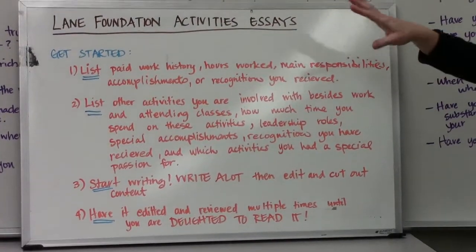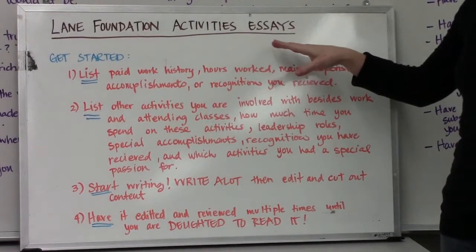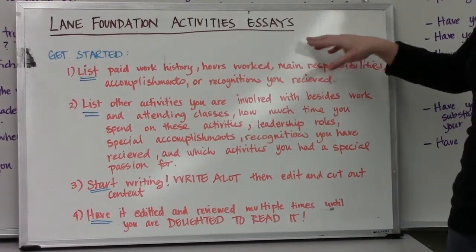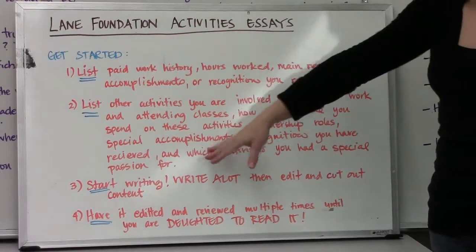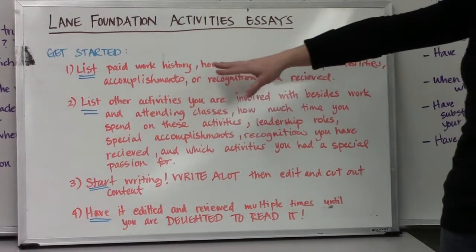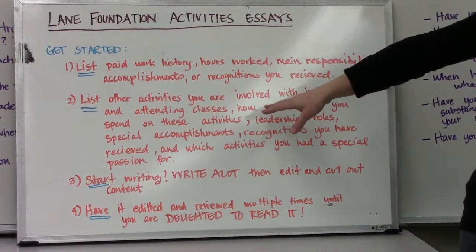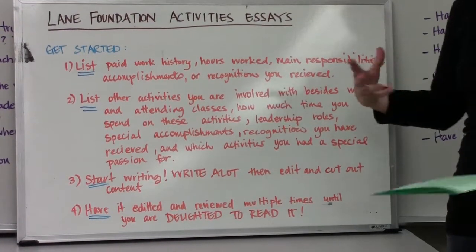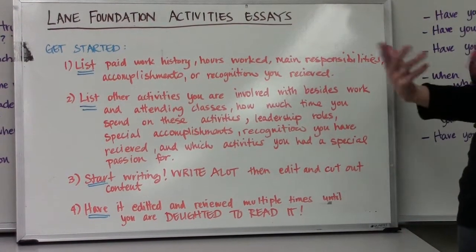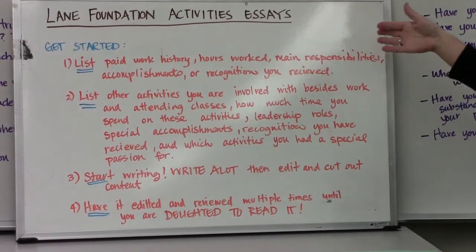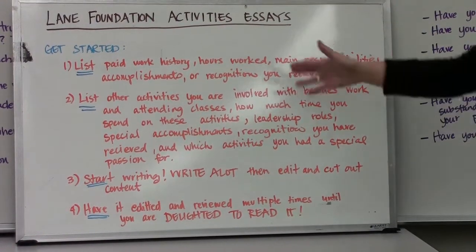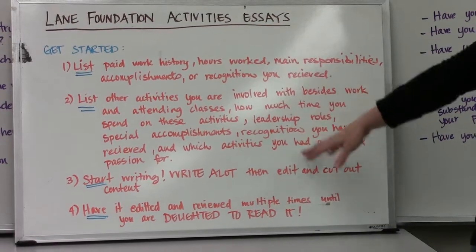If you are not applying for the OSAC scholarship, then follow the instructions here. List paid work history, hours worked, other activities, and such, so that you have the information to put into your essay. If you've done the activities chart, then you've done 1 and 2 in this list.